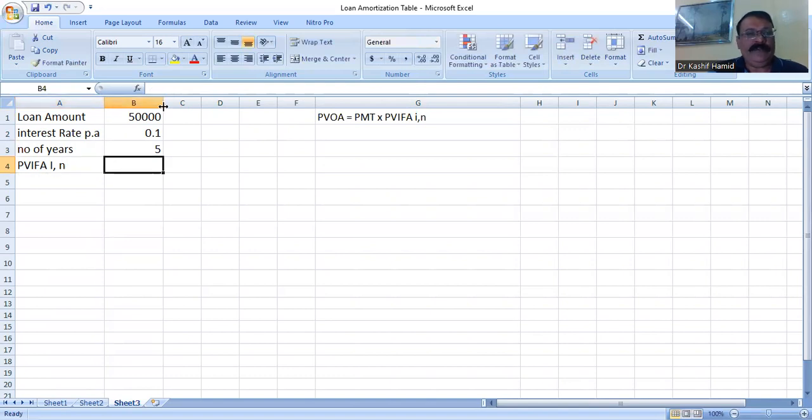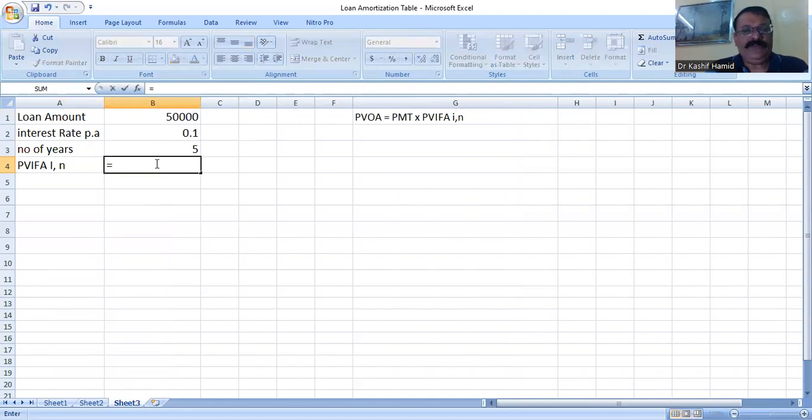We know that the present value interest factor of an annuity is equal to 1 minus 1 over 1 plus i, whole power n, divided by the interest rate.